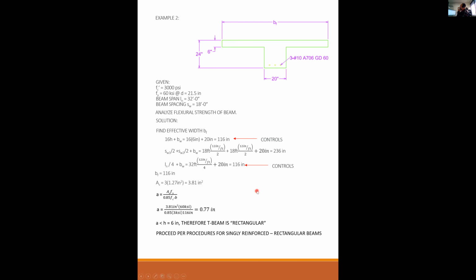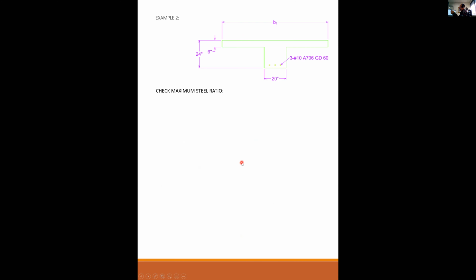Okay, therefore, because the beam is rectangular, we can use everything we've already learned for singly reinforced rectangular beams. So from here on out, it just becomes an analysis problem of a rectangular beam. We check our maximum steel ratio, which we do by finding epsilon sub t.